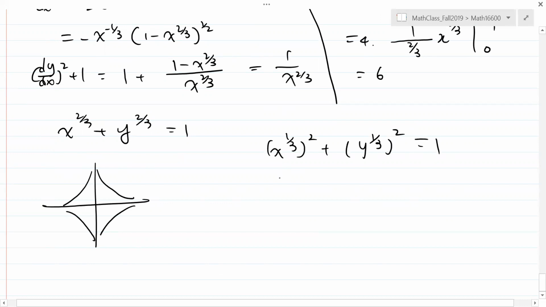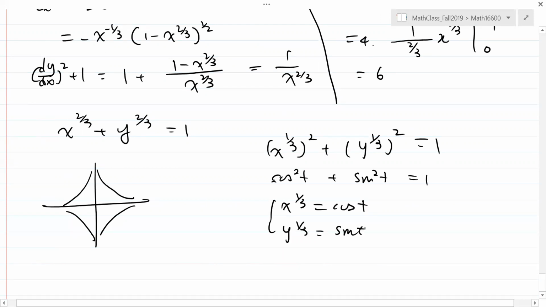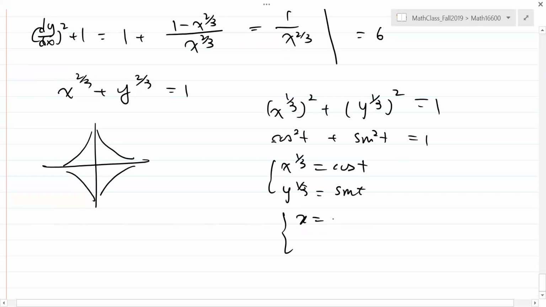And compare with cosine squared t plus sine squared t equals 1. You should set x to the 1/3 equals cosine t, y to the 1/3 equals sine t. In other words, you get x equals cosine cubed t, y equals sine cubed t.